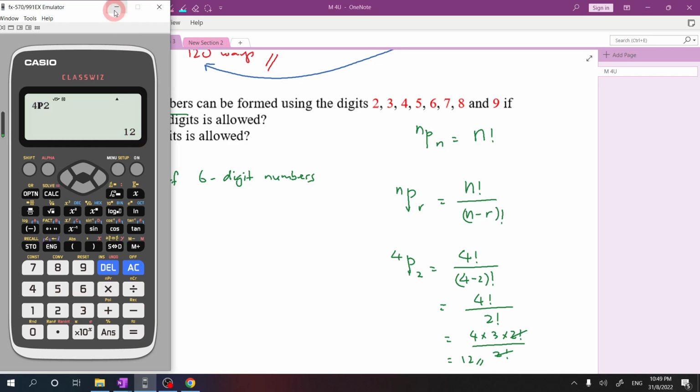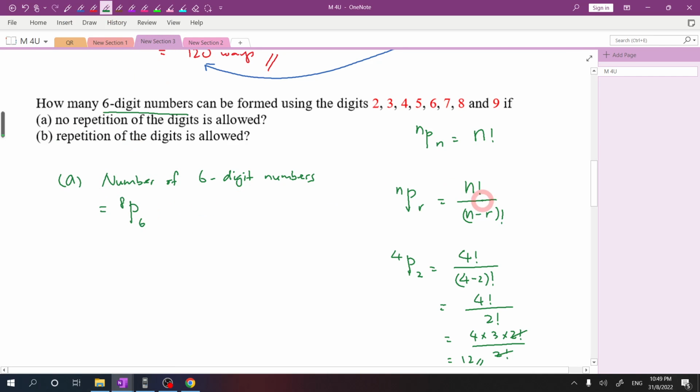Okay. Now we are going to use this to help us get the number of 6-digit numbers that we can form by using the 8 digits here. 8 factorial divided by (8 minus 6) factorial. You can press your calculator 8P6, or if you want to calculate it manually, you can do this way.